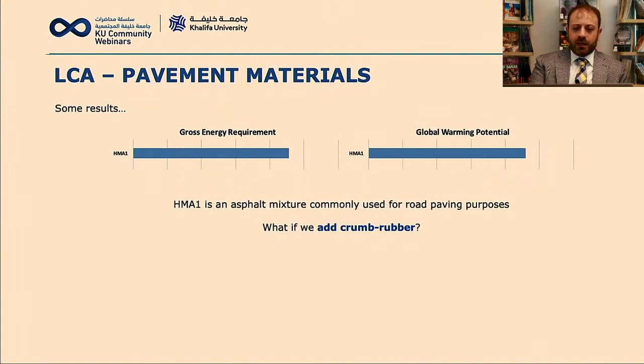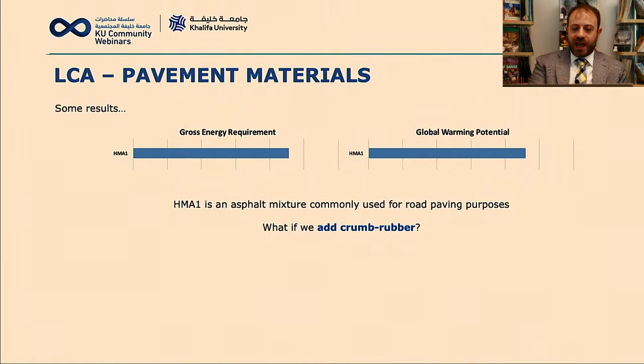On purpose, I deleted the scale of these two graphs because the point is not the actual quantity of gross energy requirement or global warming potential. I just want to give you a comparison between materials. So the traditional HMA1 in this slide has in general terms a certain gross energy requirement and a global warming potential.